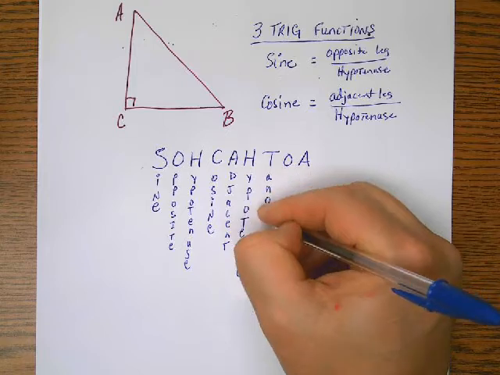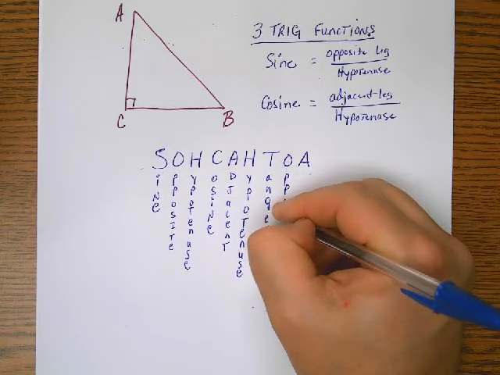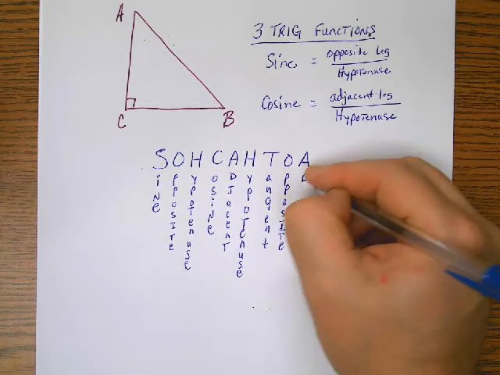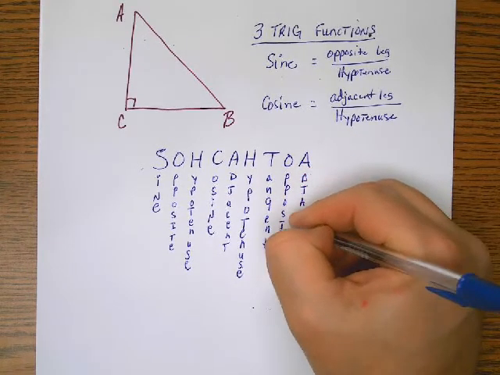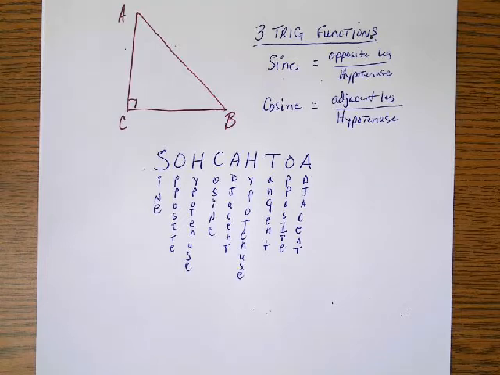Tangent, opposite, adjacent. There are actually 6 trig functions. We're only going to deal with 3 of them: the sine, cosine, and tangent. Okay.